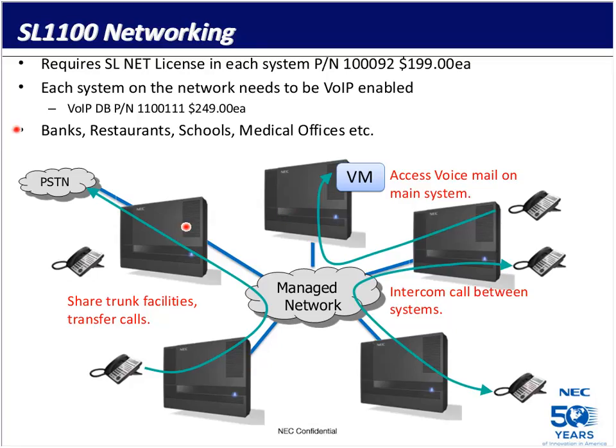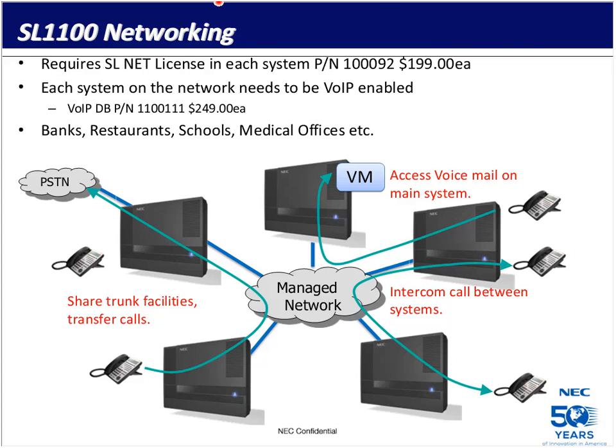There are many vertical markets that can benefit from networking systems together: banks, restaurants, schools, medical offices, retail outlets, and so forth. So when you're networking systems together, the requirements are the voice over IP Daughterboard and the SLNet license in each system that's going to be on the network.